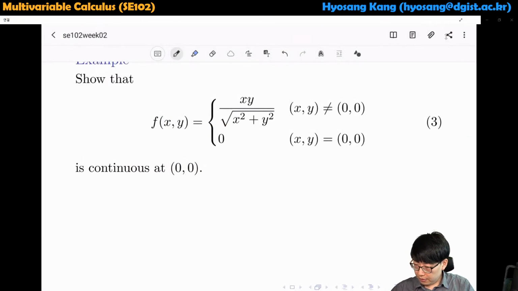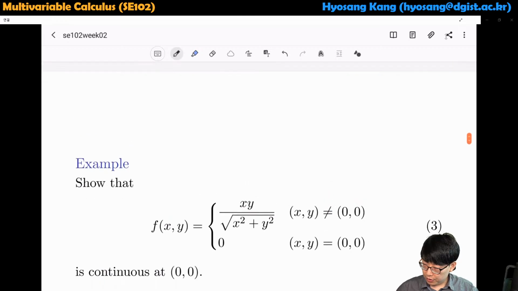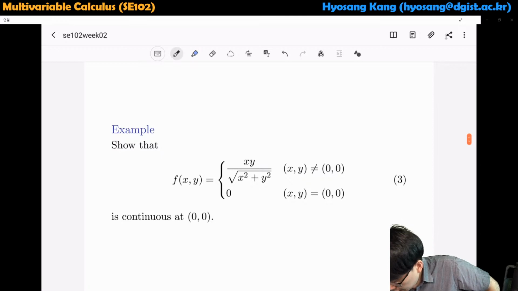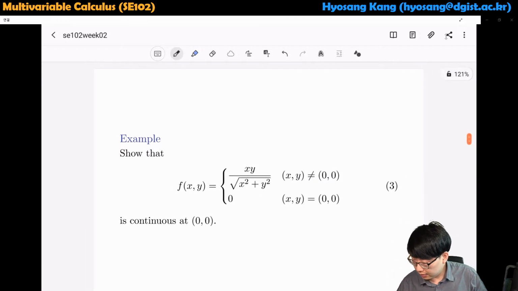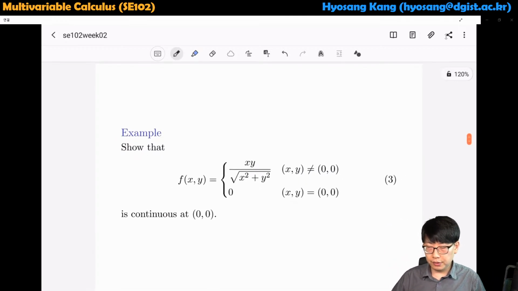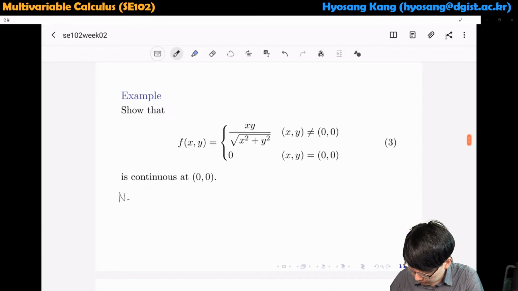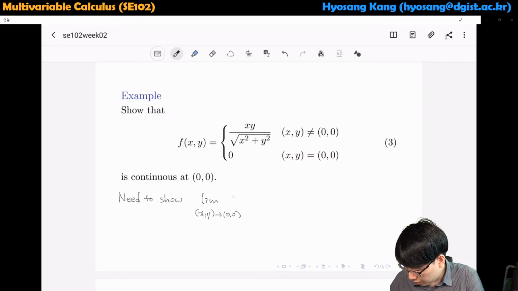Let's take this example and then finish today's lecture. We want to prove that this function is continuous at 0. What we need to show is that the limit as (x,y) goes to (0,0) of f(x,y) is 0, because that's the value of f(0,0).